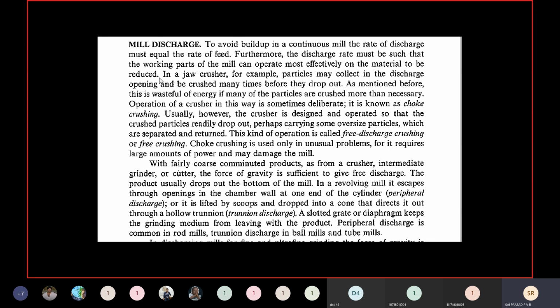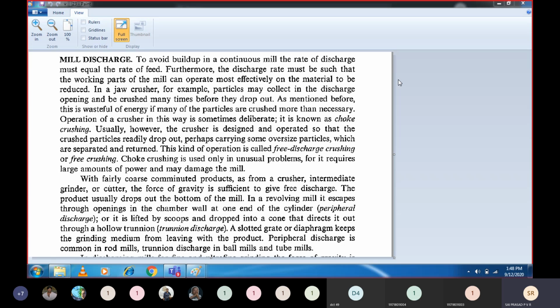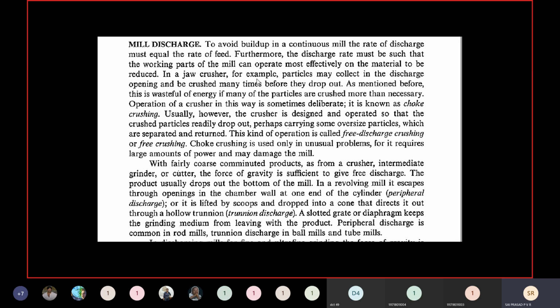Now, let us understand this by means of an example. In a jaw crusher, for example, particles may collect in the discharge opening and be crushed many times before they drop out. Why is the particle staying inside the crushing zone? That is important, because it has a bigger size. It has to stay.